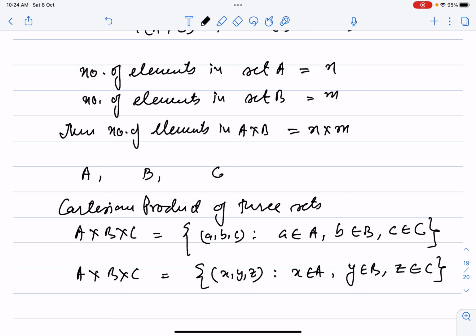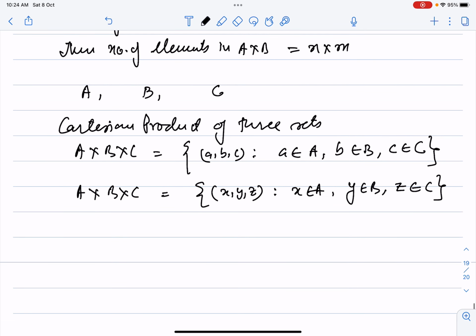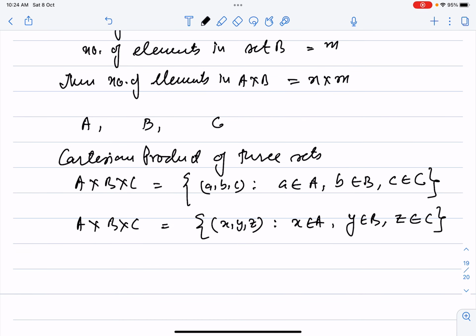So this is the concept of Cartesian product of three sets. We can take an example and then we will be more clear.